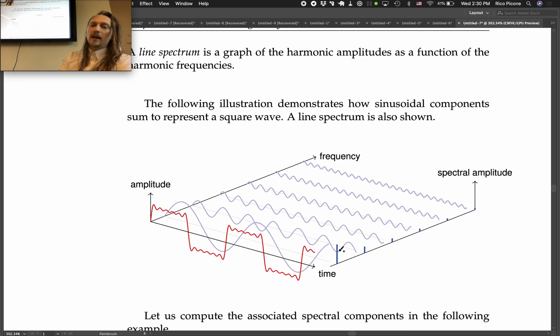We see here that on the spectral amplitude line, as you increase in frequency, the amplitudes are dropping off. So you can think of these spectral amplitudes as being like the projection of this sinusoid onto this axis here. So we're like projecting this way. So you see that these small amplitude and higher frequency components are represented on the spectral amplitude as being smaller.